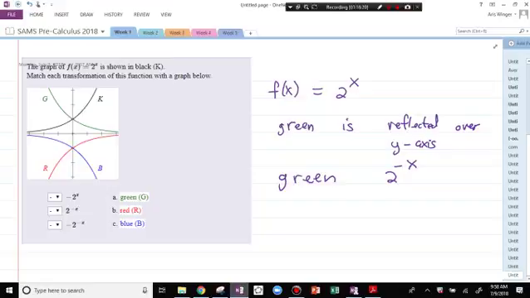A horizontal reflection, a left-right reflection, means that you're changing the left-right variable, which is the x variable. The blue graph is a reflection vertically, which is a reflection over the x-axis. So that means that you're putting just a minus sign in front of the original function.